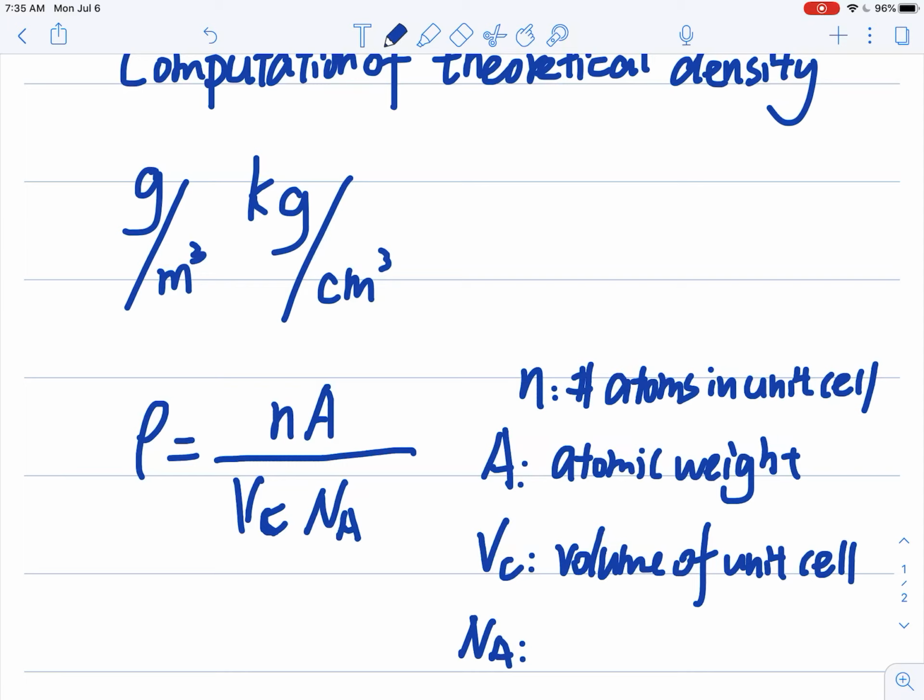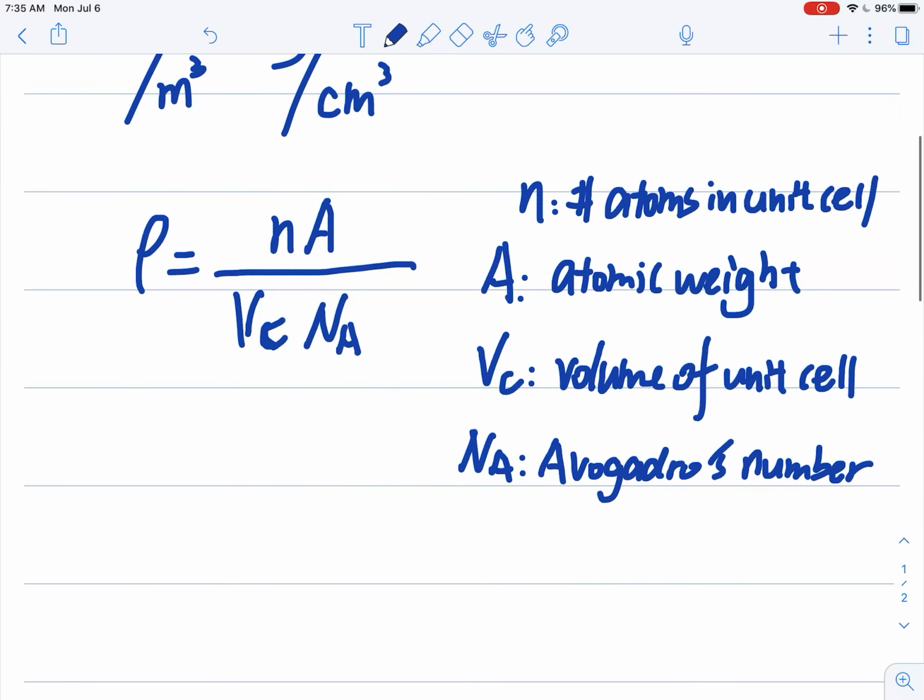NA inside of this equation is Avogadro's number. It's a constant. The value of Avogadro's number is 6.022 times 10 to the 23rd atoms per mole.